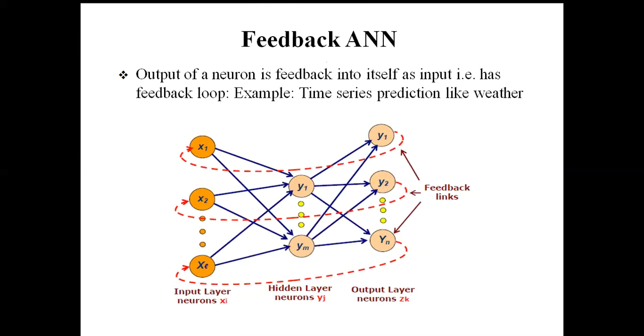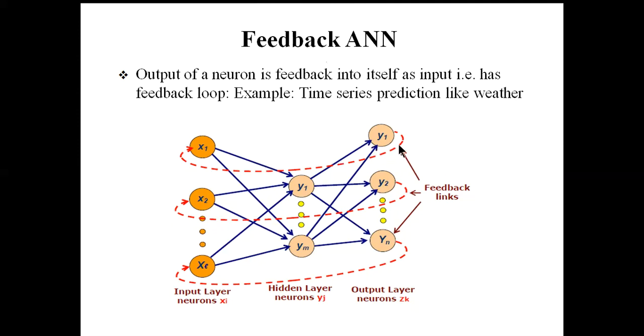Now coming to the next, the feedback artificial neural network. Here we already said that there is a loop that exists between the output end and the input end. It is used to model time series data, real life time series data, that means data whose value can change with respect to time.